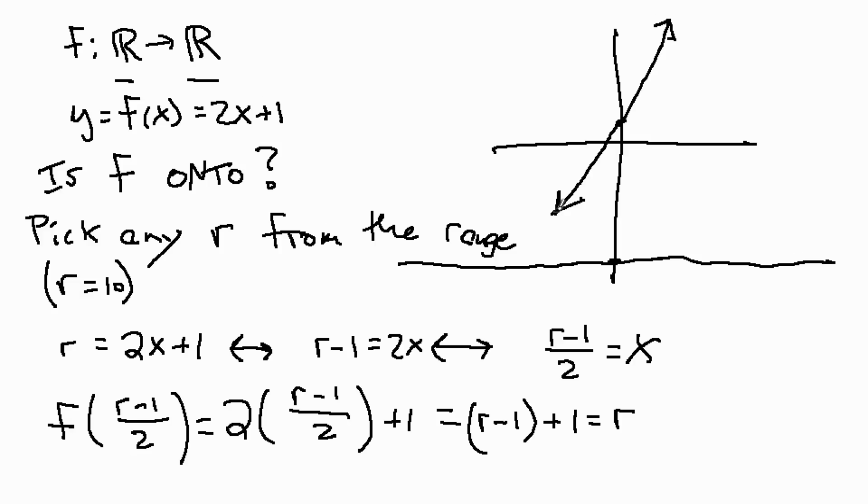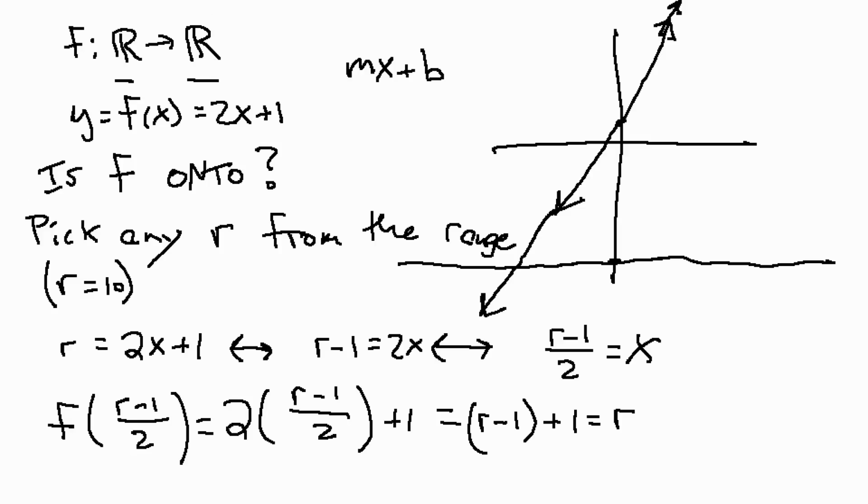And the answer is sure, because this thing goes on infinitely in both directions, and we can see that absolutely it does hit it. And I can do that for any value here on the y-axis. So we can make a fairly general statement here, which is that any linear function, anything of the form mx plus b, is clearly onto R.